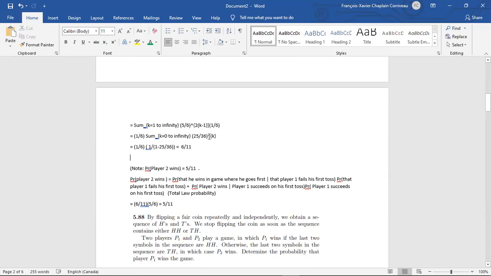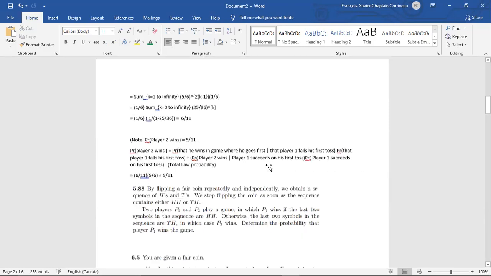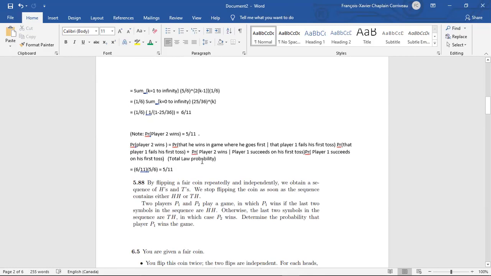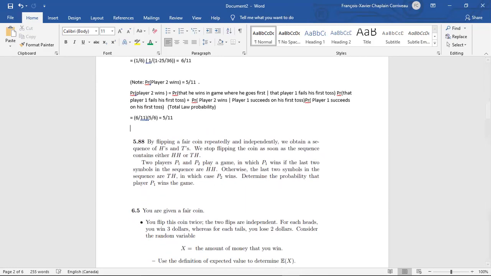So I can just pull out the power of 2 and distribute it on both sides of the fraction. And there's a 2 here. So again, if you're not sure about this question, just go check the sample solution for your assignment 4. It's pretty much the exact same thing.